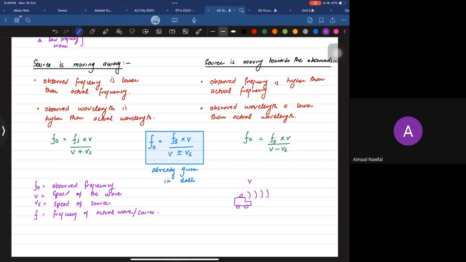The speed of the wave would be, let's suppose, 330 meters per second. That is the speed of sound. But the car speed can be like 20, 30, whatever. Do you understand? Like that.